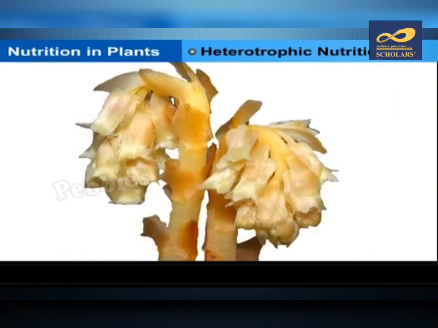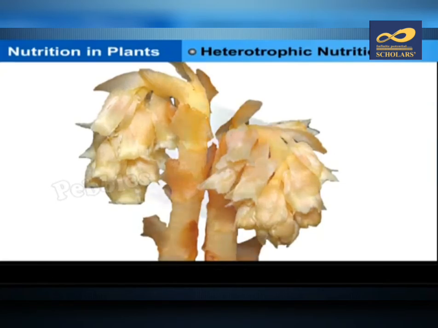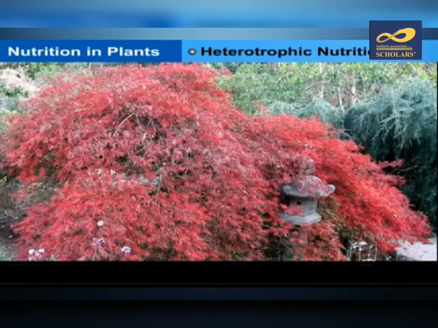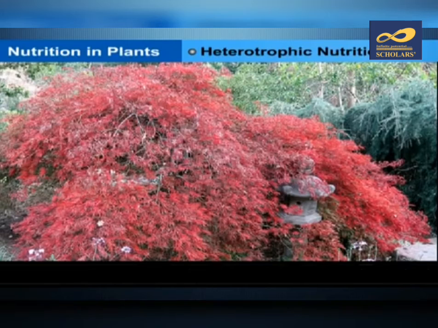Such plants depend on green plants or on other living bodies. This mode of nutrition is called heterotrophic nutrition, and such plants are called heterotrophs. Greek heteron is other, and troph, nutrition. Thus, heterotrophs are organisms that cannot manufacture their own food and have to depend on other plants or animals to obtain energy.